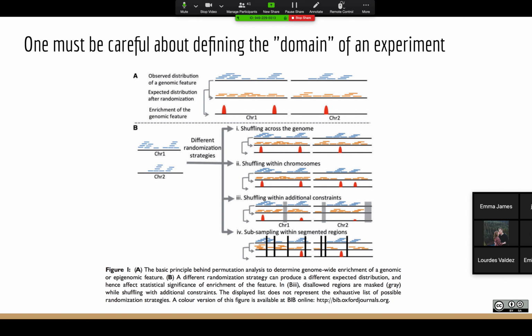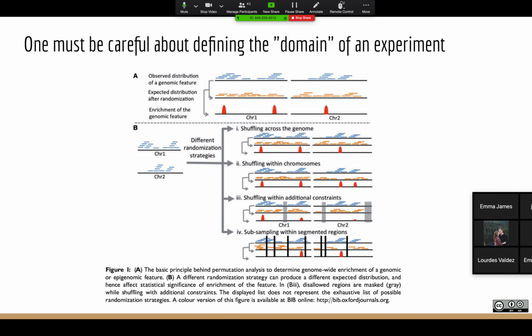So it's unfair to shuffle the SNPs to potentially those locations. And if it is unfair and we allow SNPs to be shuffled there, the significance that we observe from a Monte Carlo simulation will be much greater than it should be.